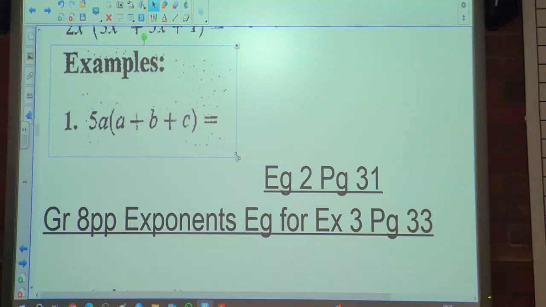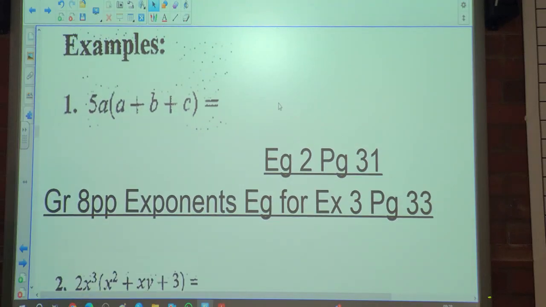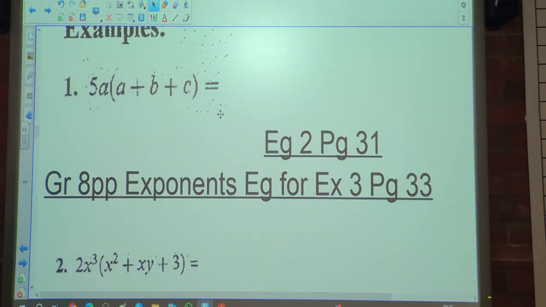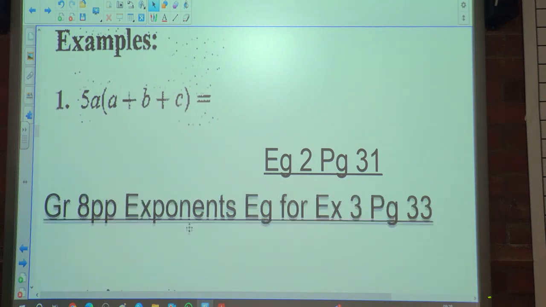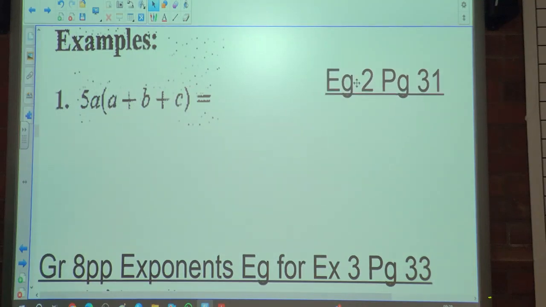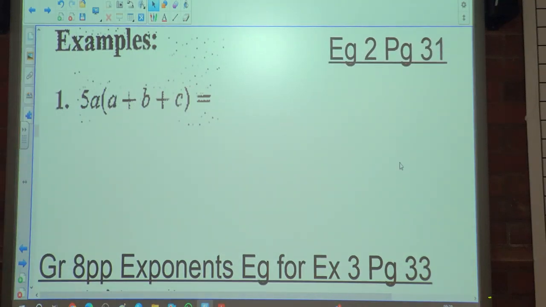Here's the first one I would like you to do quickly. We've got 5a into (a plus b plus c).